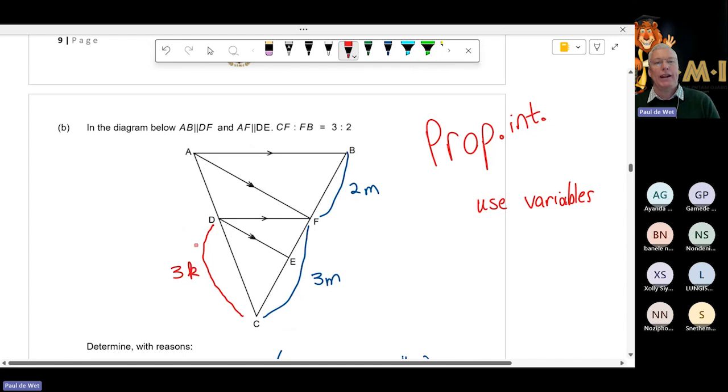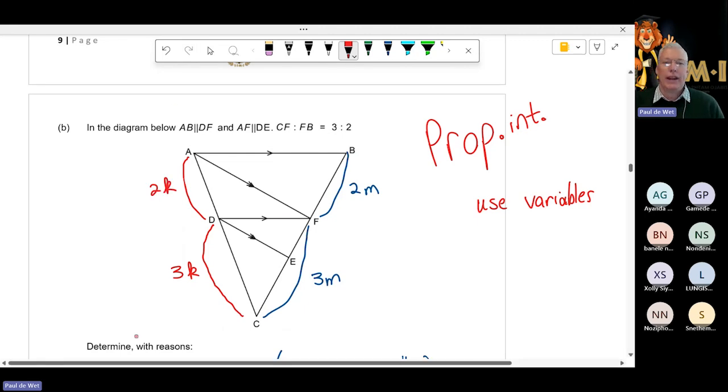This is 3K and this is 2K. I can use P, I can use anything. I can't use M. If I said this is 2M, then I'm saying that these two are the same size. They're not. I'm saying the relationship between them is like that, 2K.